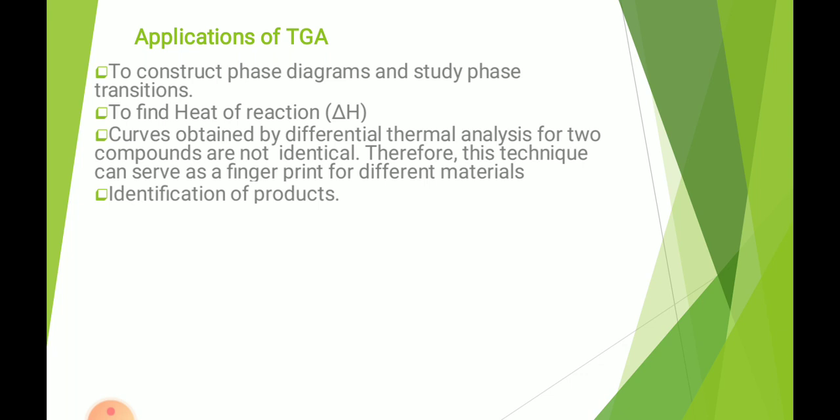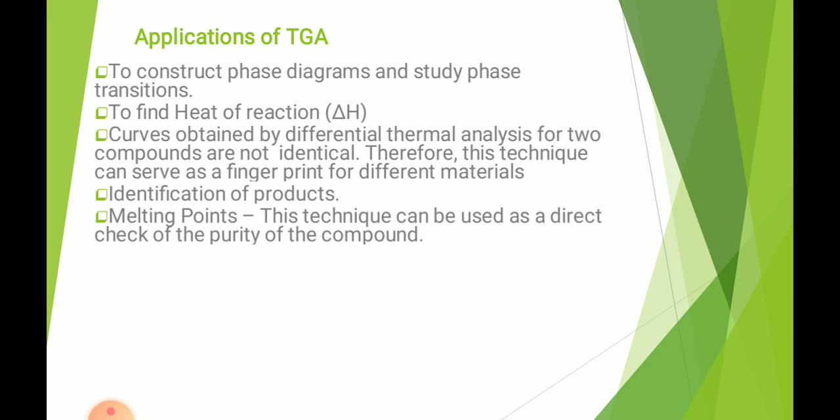Products which are formed when a compound reacts with another compound can be easily identified by the curves obtained by means of differential thermal analysis. Next one is the melting points. As melting point can be easily determined by the DTA method, it means that this technique can be used as a direct check for the purity of the compound.